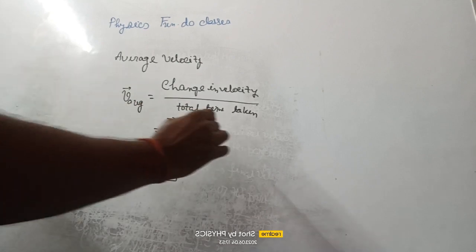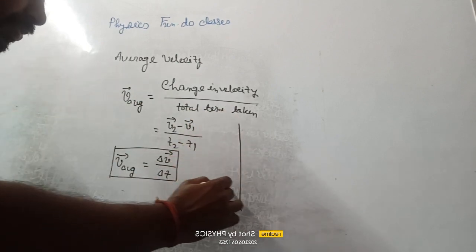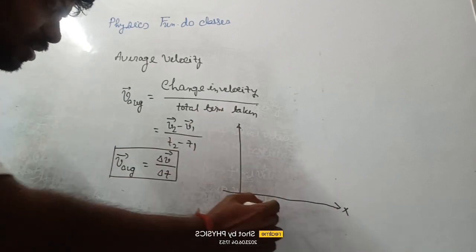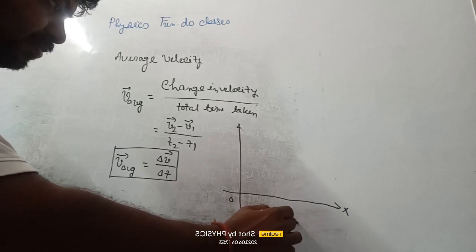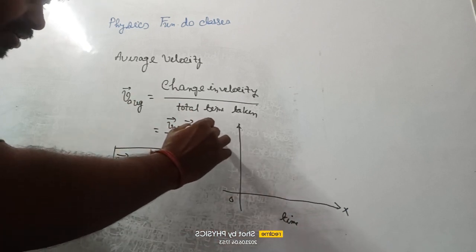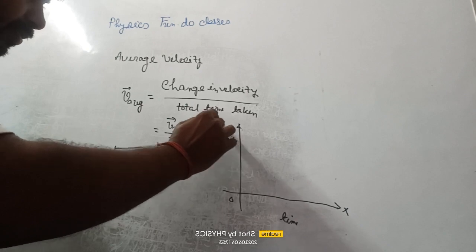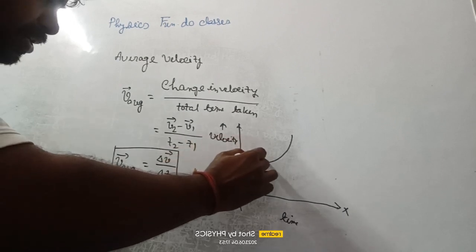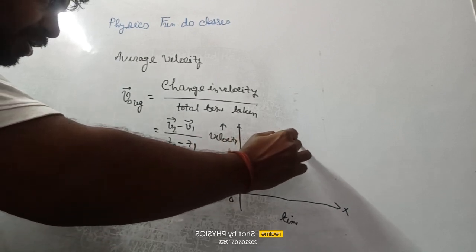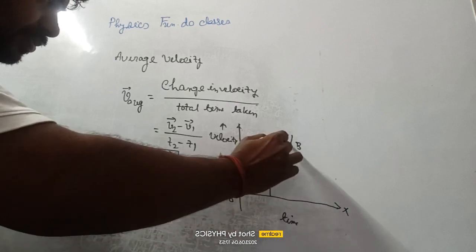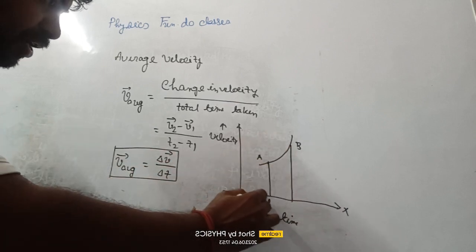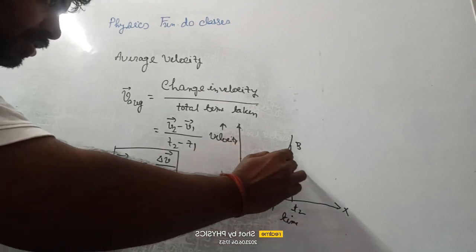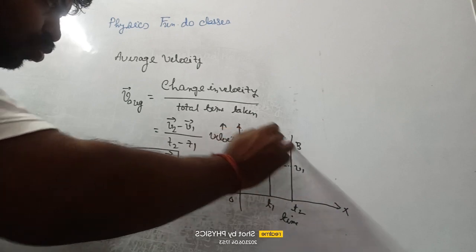Now if we draw a velocity time graph, let us consider along the x-axis this is time, and along the y-axis is the velocity. Now let us consider 2 points, A and B. Here it is T1, here it is T2, that is V1, it is V2.